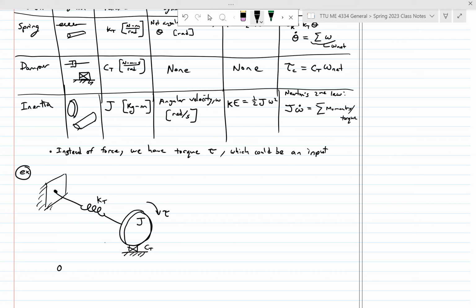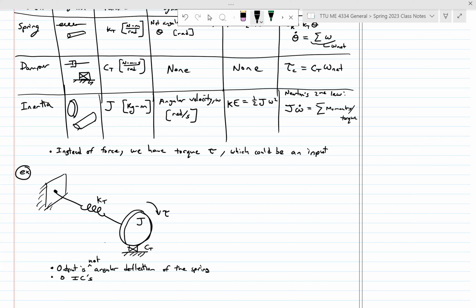I want our output to be our angular deflection. I should say our net angular deflection of the spring. And we also have zeros for our initial conditions.